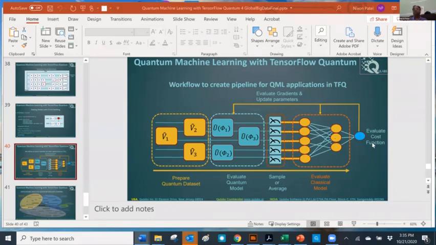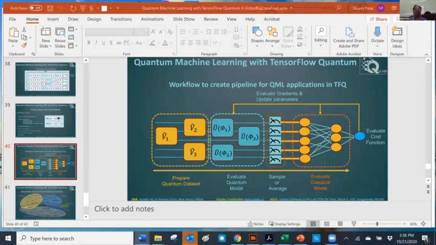And then you evaluate the cost function, and then you give it back. This way you can optimize both the parameters for the quantum circuit and the classical circuit. So this is a good way to run a hybrid quantum machine learning example.